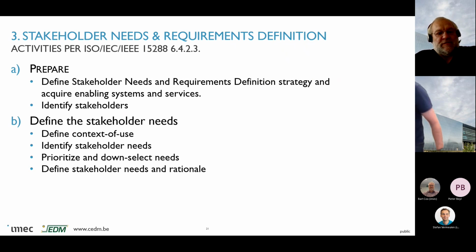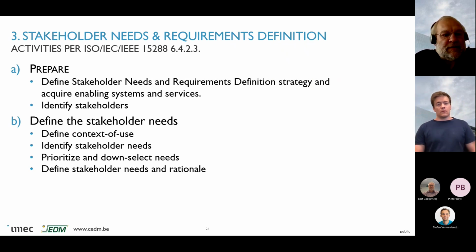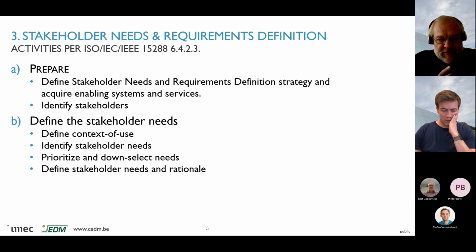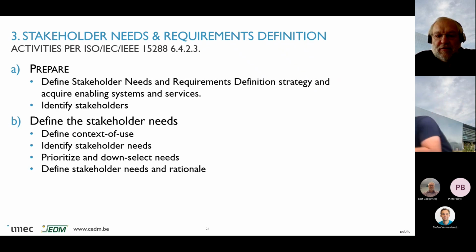Then we start to define the stakeholder needs, starting with the definition of the context of use of the intended system, identify the stakeholder needs, prioritize them, and then down select them so that it's a tractable number. Here you see the importance of the difference. We define the stakeholder needs and create a stakeholder needs statement with its rationale, why that is important, why these are priority needs, etc.